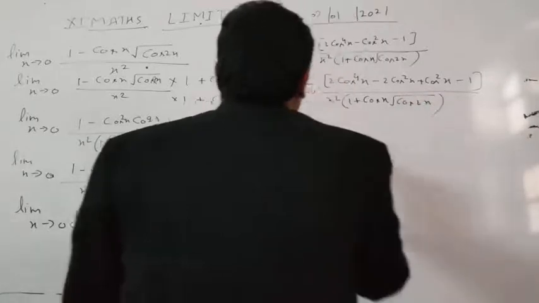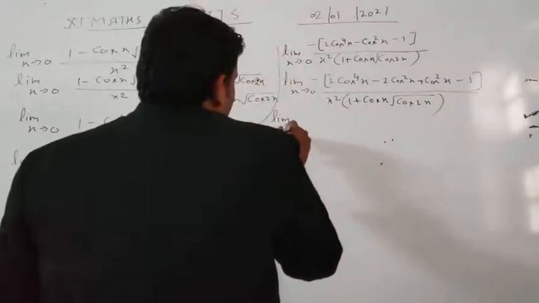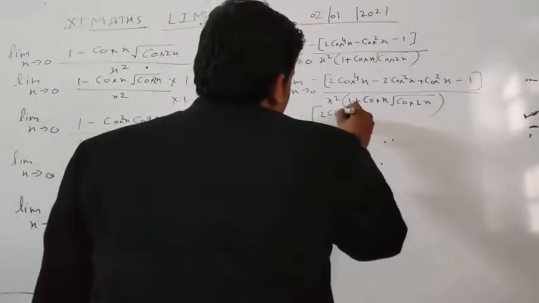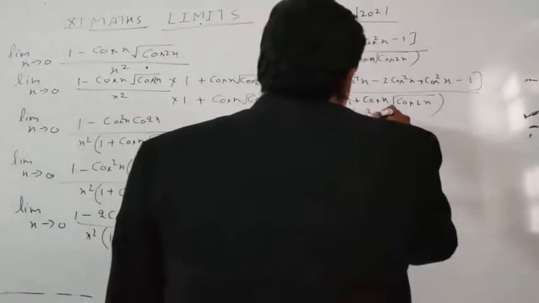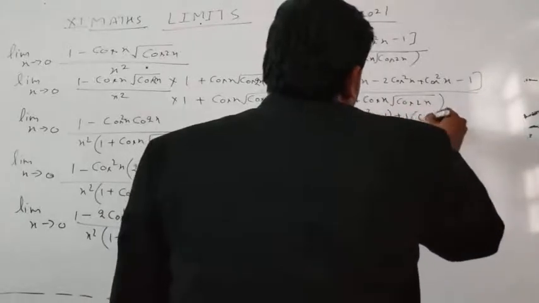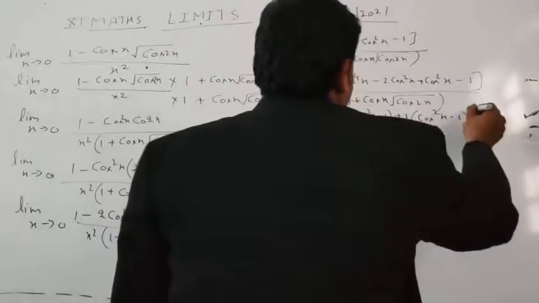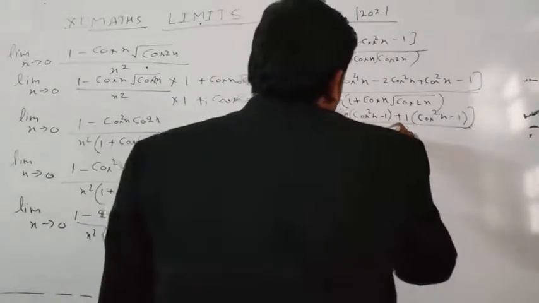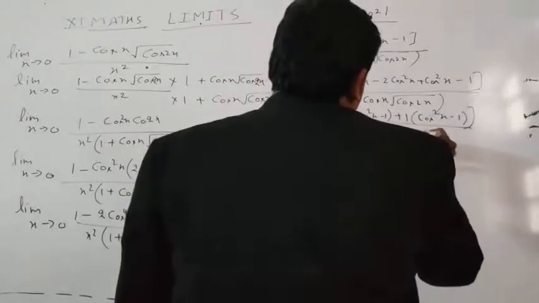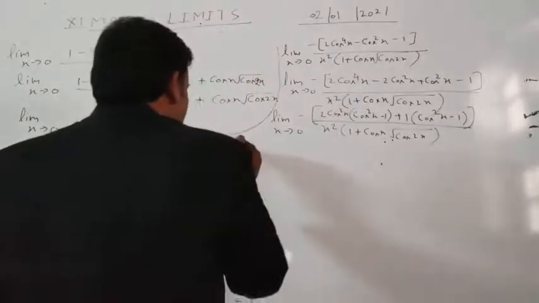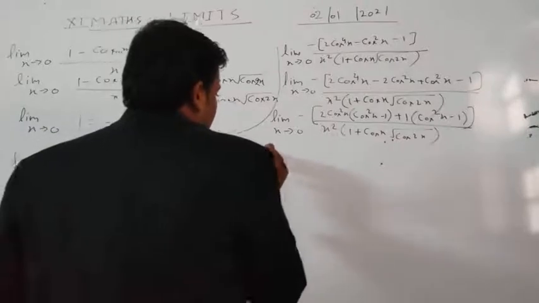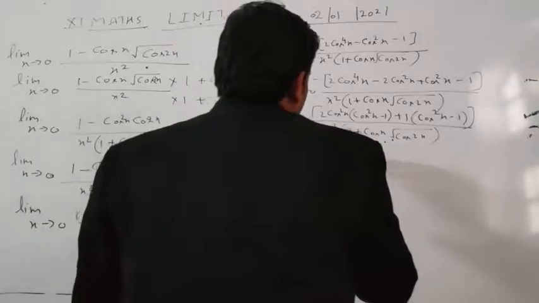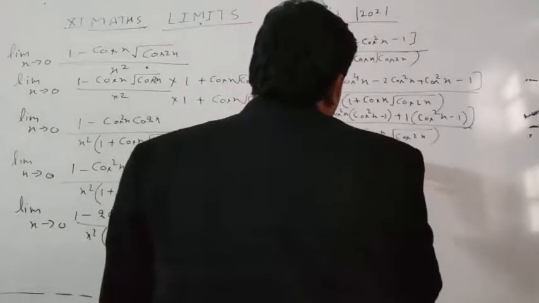under root) cos 2x. Now limit x tends to 0, we are taking 2 cos square x outside, getting (cos square x minus 1) plus (cos square x minus 1), and student x square (1 plus cos x) under root cos 2x. Now limit x tends to 0 minus, this is (cos square x minus 1)(2 cos square x plus 1).